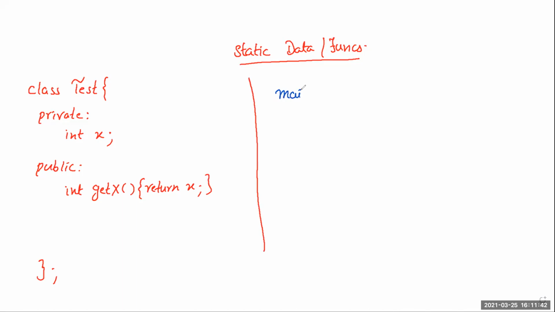So let's see what we do in the main. Suppose there's a parameterized constructor. So I have Test t1 in which I pass 5. There's another object Test t2 in which I pass 10.